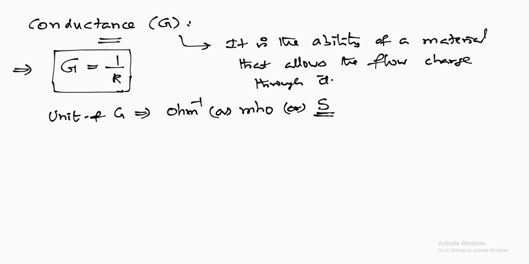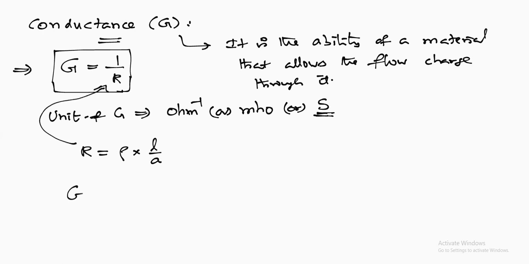Now, we know very well R is equal to rho into L by A, we derived this. Now I'm going to substitute this R here.